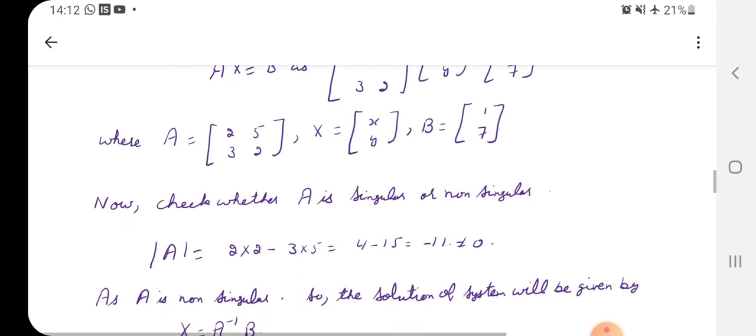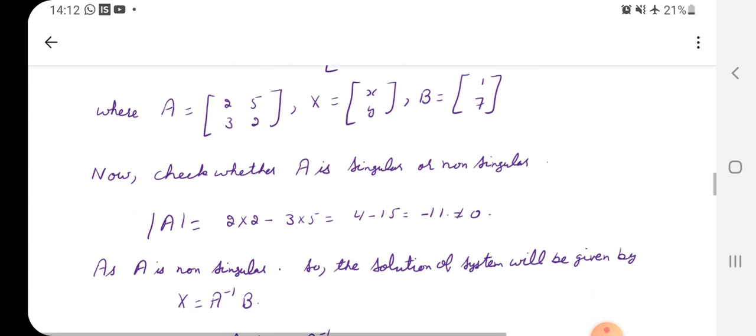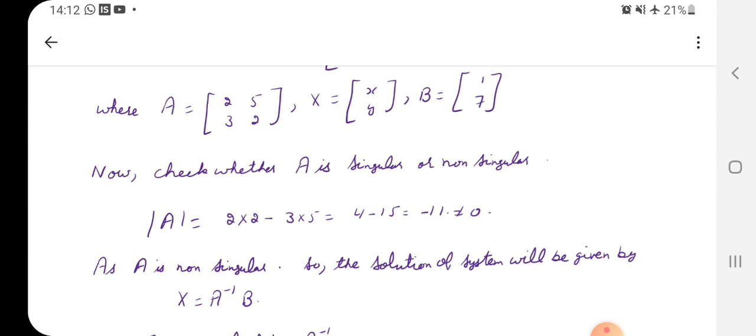So first of all, check the determinant. The determinant of A will be the product of the main diagonal elements, subtracting the product of the other diagonal elements. So you will get 2 into 2 minus 3 into 5, 4 minus 15, that is minus 11, which is non-zero. So A is non-singular, which means A inverse exists.